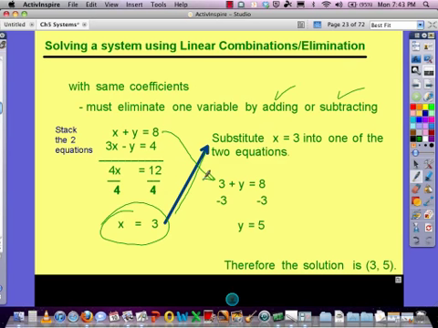So this tells you that your ordered pair x, y is 3, 5, which means, going back to our situation, that these two equations, if I would graph, would intersect at the point 3, 5. So we found that same point that we did by graphing, without graphing. We found it accurately, and it was pretty straightforward. You just have to decide how you want to write these.